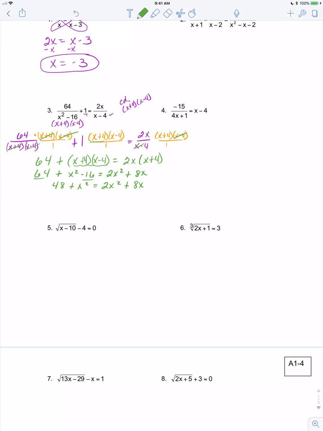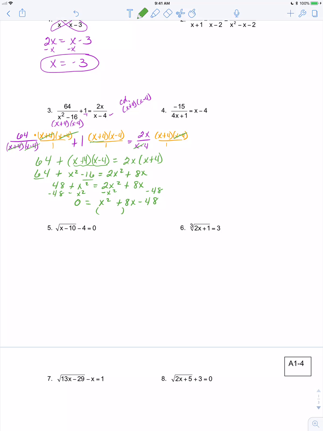So hopefully you remember that if it's a quadratic equation, it has to equal 0 so that we can factor it and then solve for it. So I'm going to move everything over. I usually move things over to where that x squared term is going to be positive because it's the easiest way to factor those. And so we're going to end up with 0 is equal to x squared plus 8x minus 48.